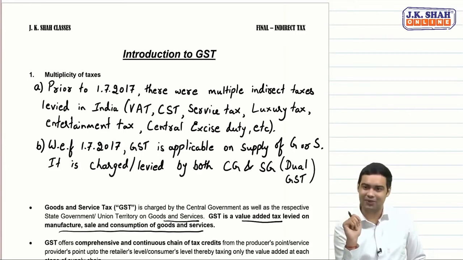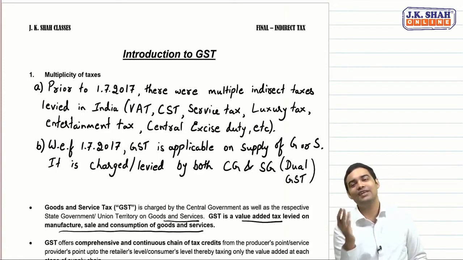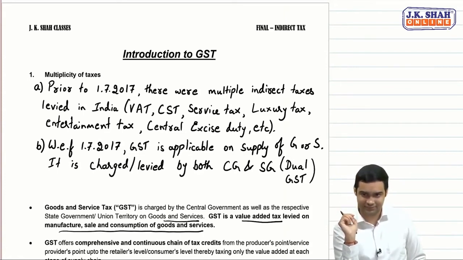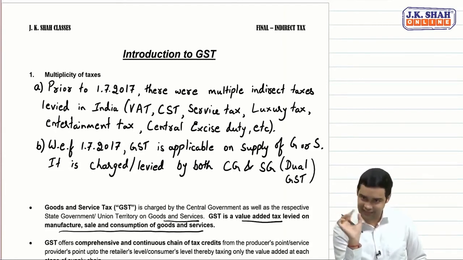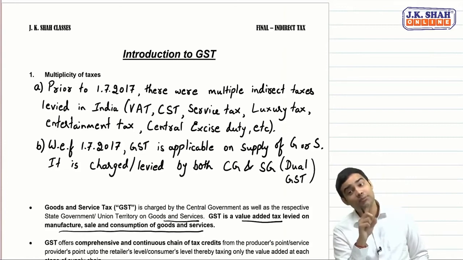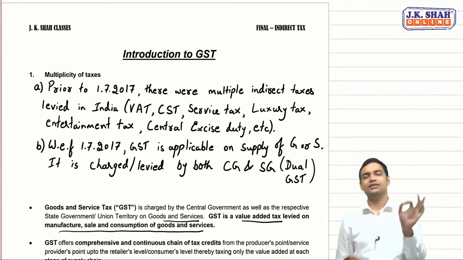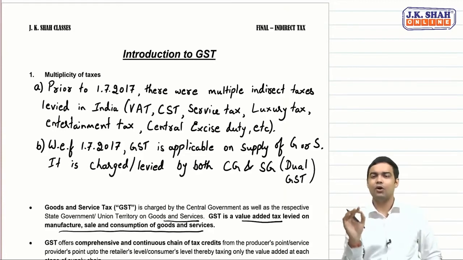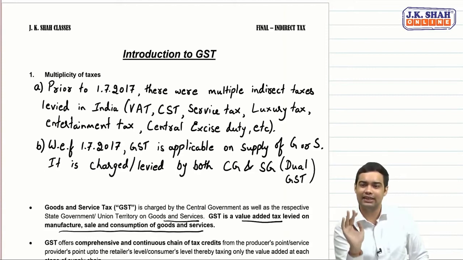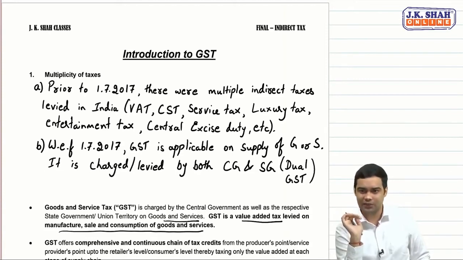For example, if the manufacturer has incurred taxes of 10 rupees on his purchases, and while he sells it, he charges 12 rupees as tax. In that case, the 10 rupees which he paid on purchase will be allowed to him as input tax credit, meaning a specific exclusion from the 12 rupees which he has collected and is required to pay.